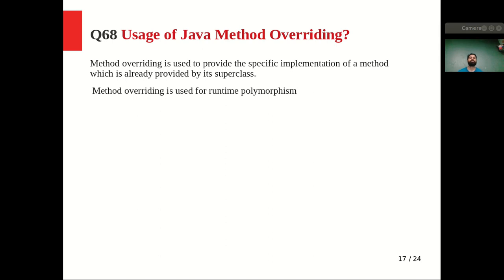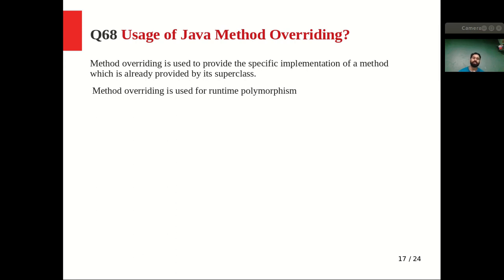The next question you may get: what are the uses of method overriding? Method overriding is used to provide a specific implementation of a method which is already there in a superclass. Method overriding is used for runtime polymorphism. What this means is, let's say I have one method in a parent class and the implementation is already there, but now I want a new implementation in a subclass.